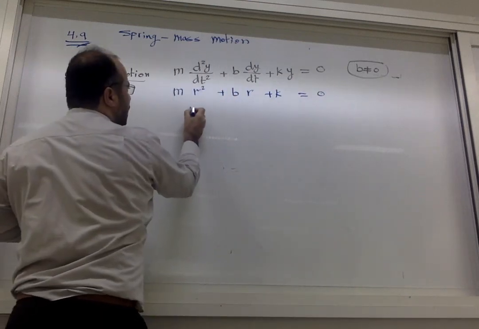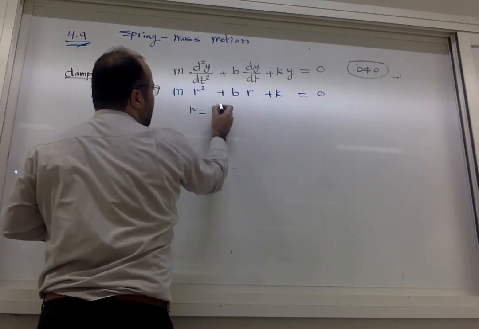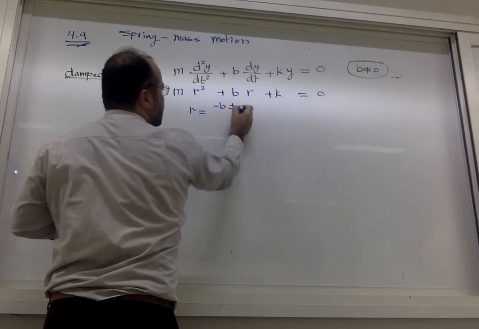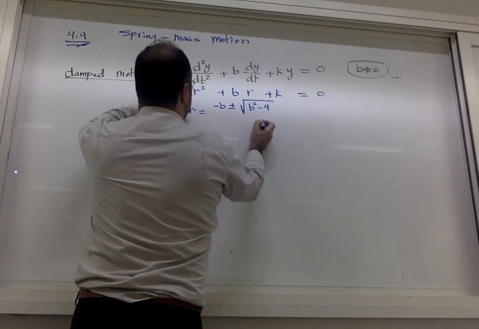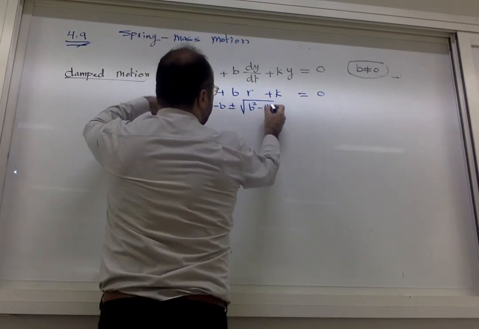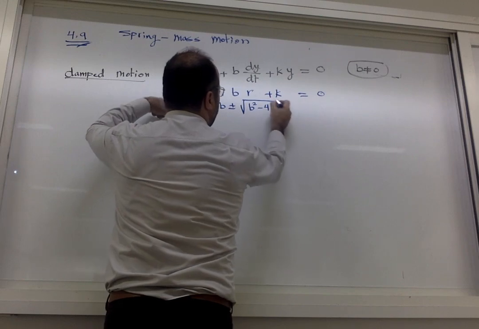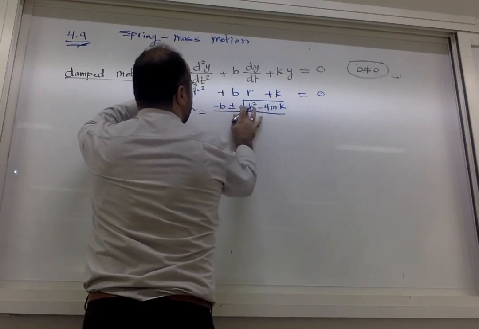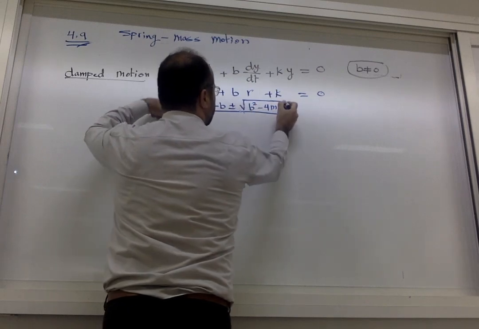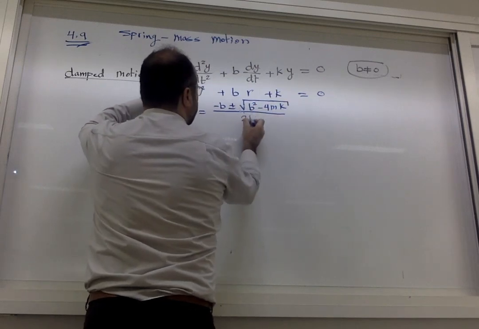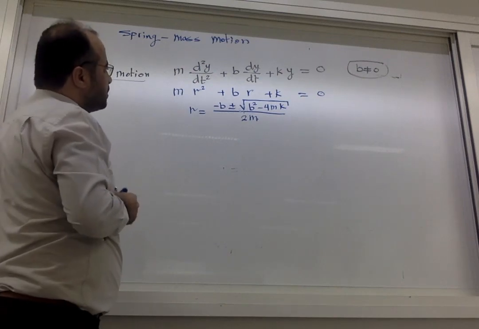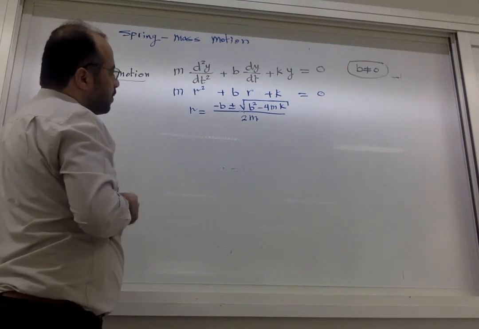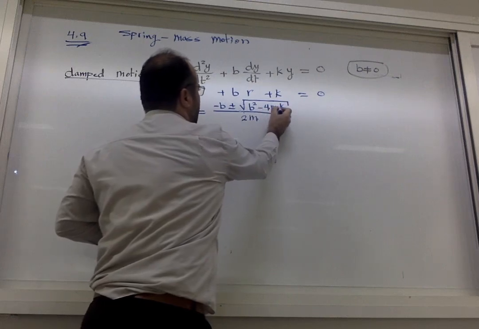When you solve for r, you get minus p plus or minus the square root of p squared minus 4 m k, over 2m. This is the rule for a quadratic algebraic equation. So minus p plus or minus the square root of p squared minus 4 times m times k.